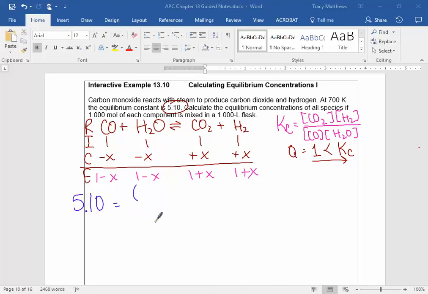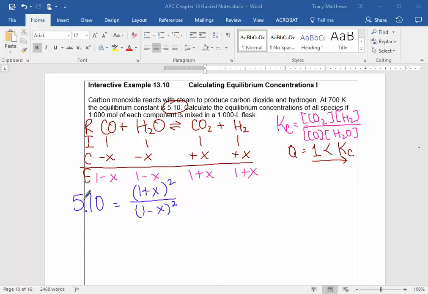What's going to be on the top? Yeah, it's (1 plus x) squared. And on the bottom, we're going to have (1 minus x) squared. Now, you could rearrange this, bring the denominator over, graph both sides, see where the curves intersect.